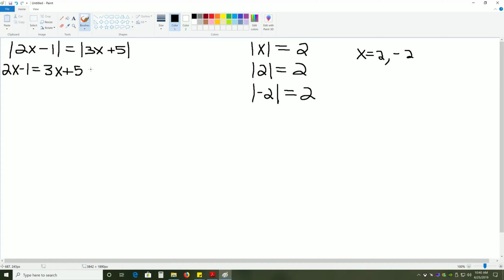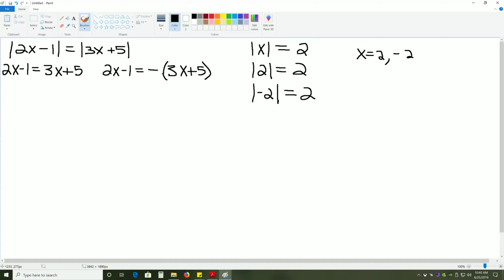There is also the possibility of the negative side, so one side being negative, or the negative solution. And that is when we take one side, so let's just say the 2x minus 1, and we set it equal to the negative of the other side. So negative times 3x plus 5.